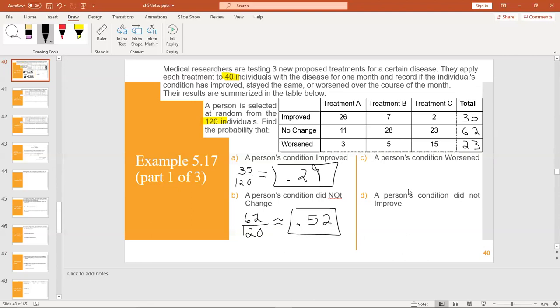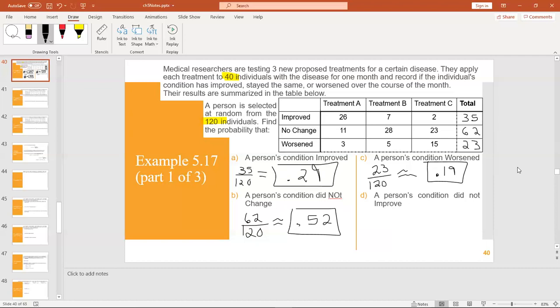And then what's the probability that a person's condition worsened? Well, the number of people whose symptoms got worse, that's 23. And again, there's a grand total of 120 patients. 23 divided by 120 is approximately 0.19. So roughly 19% of patients got worse.